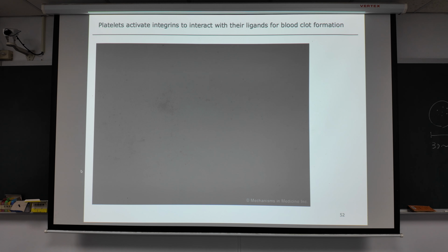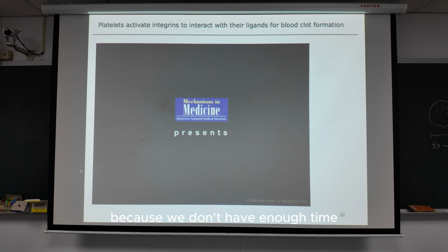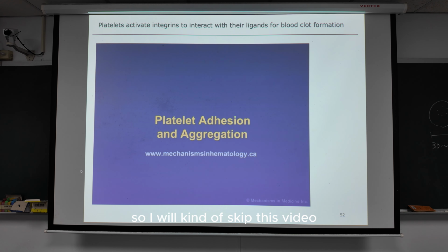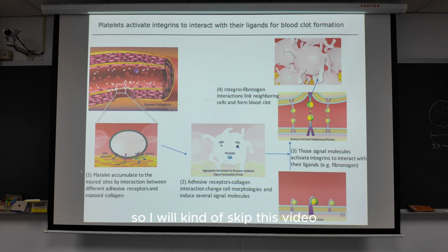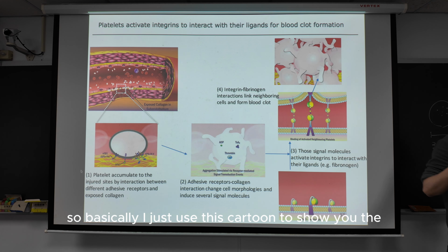Okay, so platelets are really important: they activate integrin to interact with others to form blood clots. Because we don't have enough time, I will skip this video. Basically, I just use this cartoon to show you the idea.